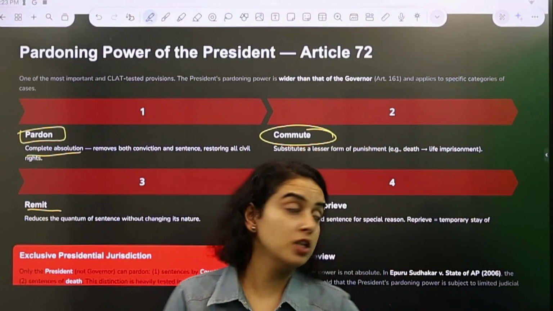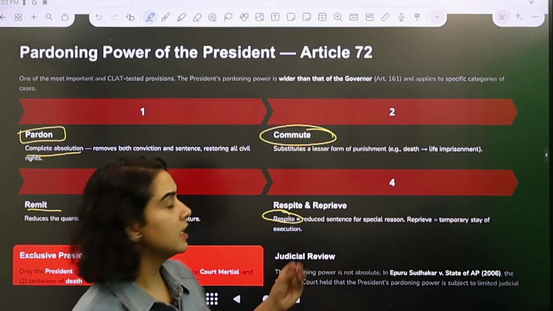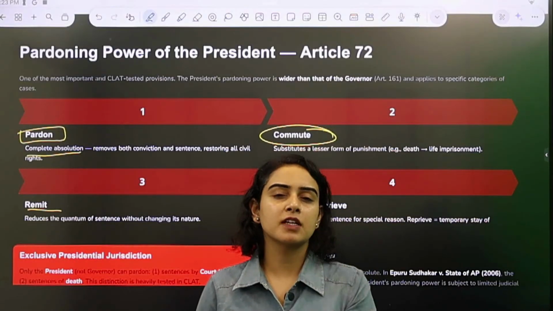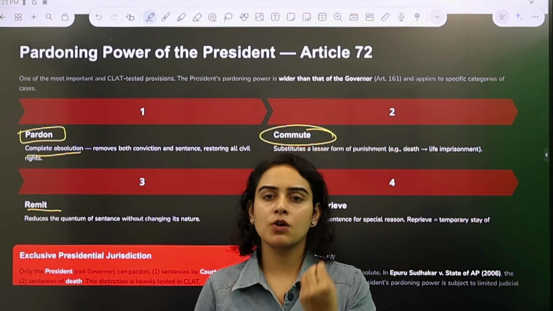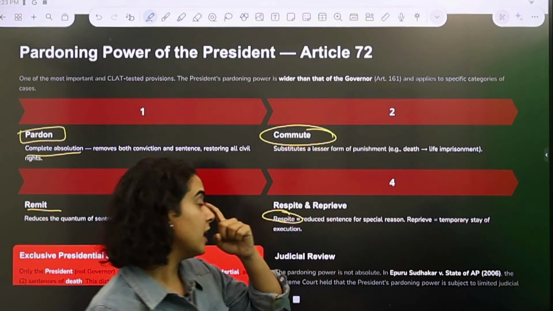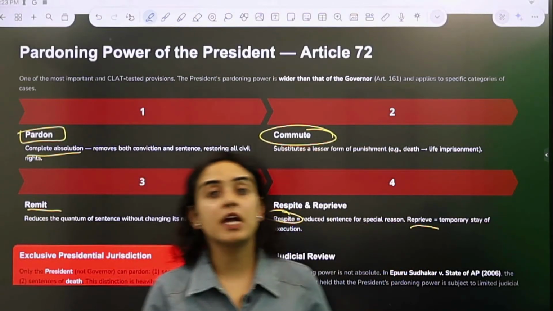That's called remission. And fourth is respite, where there is a reduction in the imprisonment due to some specific reason, like pregnancy or illness, anything of that sort. There is a special reason, then respite is used. And reprieve. Reprieve means a temporary stay on execution.